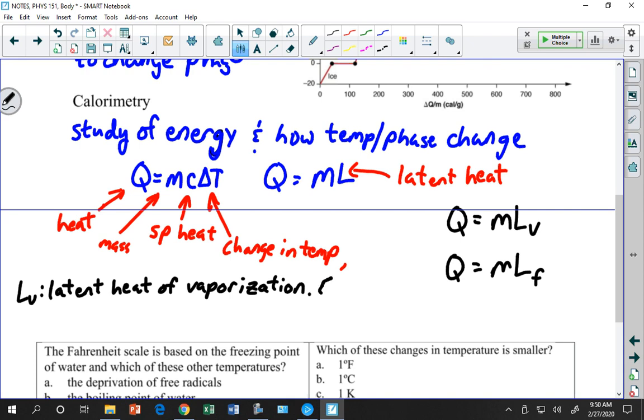It is the energy required. It's actually the energy per mass, but we'll just think of it as the energy to go from a liquid to a gas.